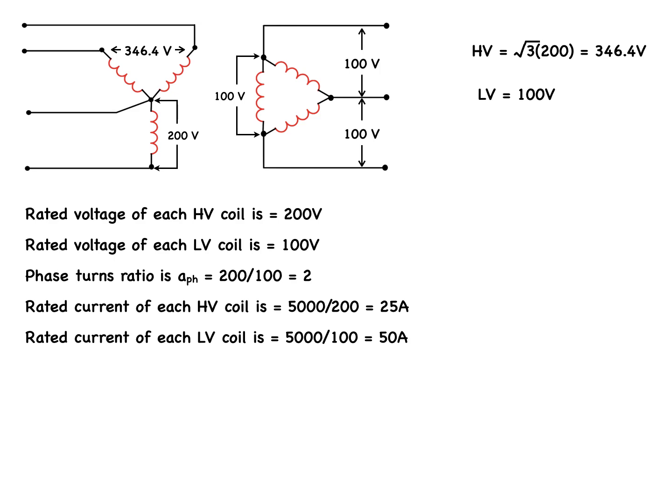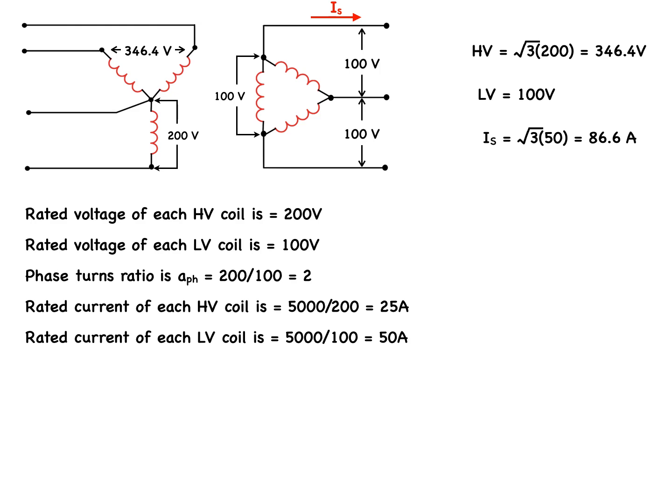Since the rated current of each low voltage coil is 50 amps and the windings are connected in delta, the corresponding line current allowed on the low voltage side will be the square root of 3 times 50, which equals 86.6 amps. Note that the line current equals the square root of 3 times the phase current in a delta connection.